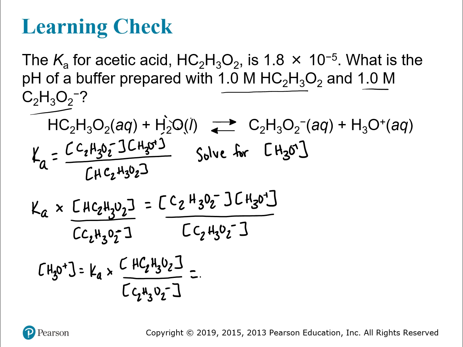Now that we have our equation, we can put some numbers in. The Ka was given to us in the problem along with the concentrations for the acetic acid, which is 1 molar, and the acetate ion, which is also 1 molar.